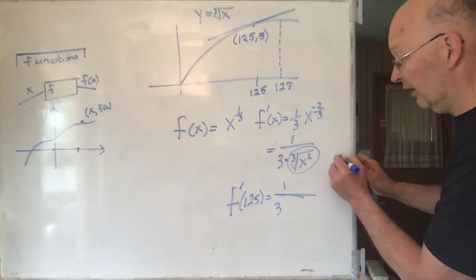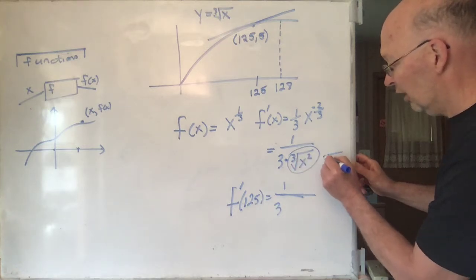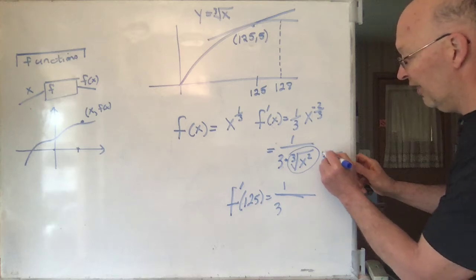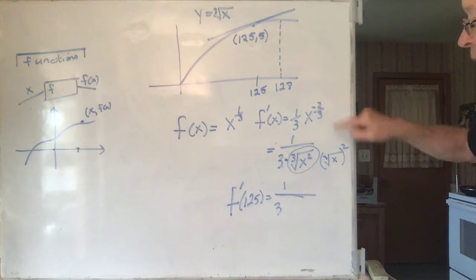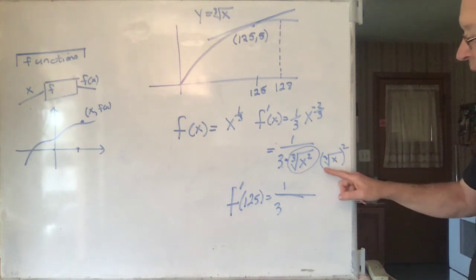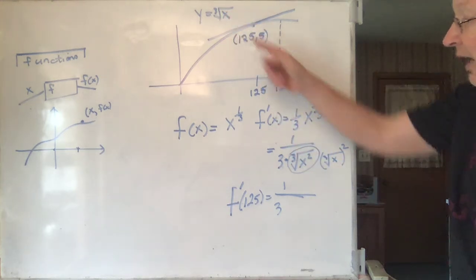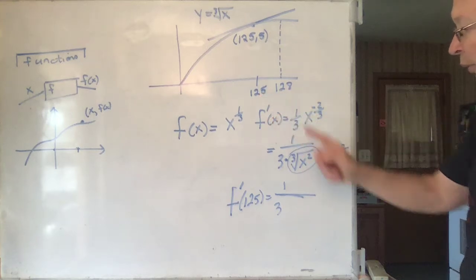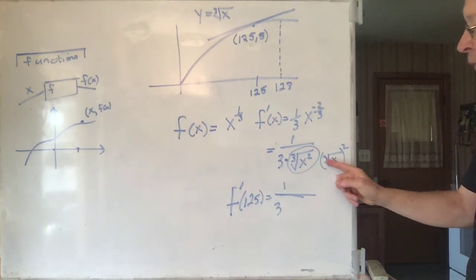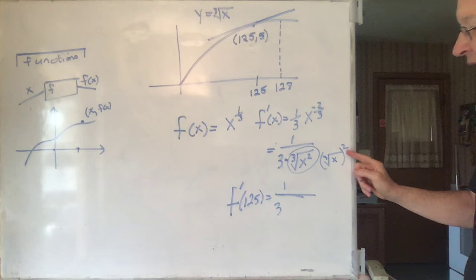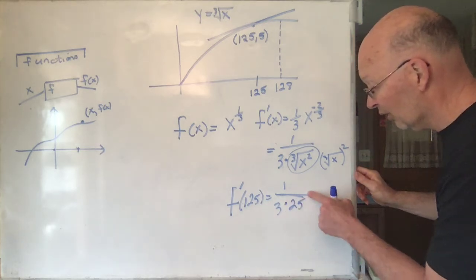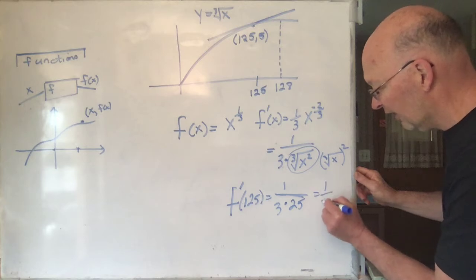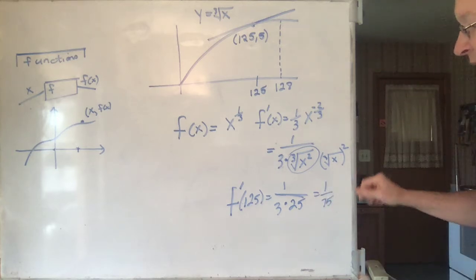To first take the cube root of x and then square that. Either way, you end up with x to the 2/3 power on the bottom. So notice it's more convenient to take my 125 and take the cube root, that's 5. 5 squared is 25. So that's going to be 1 over 3 times 25, which is, of course, 1 over 75. So that takes care of that.